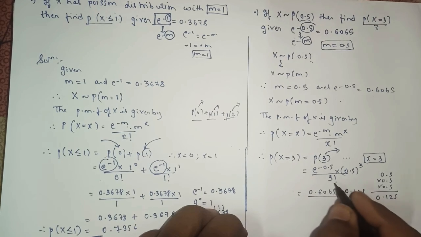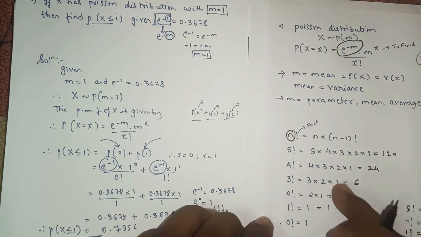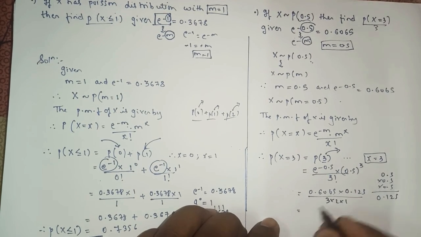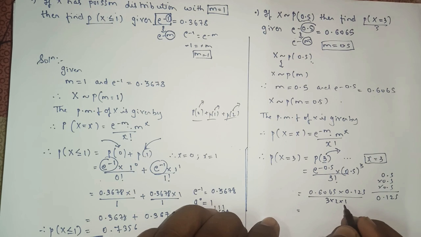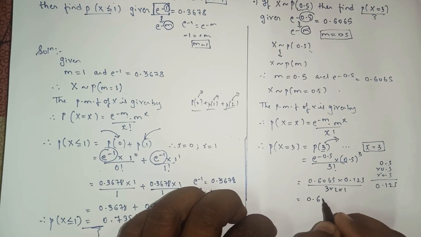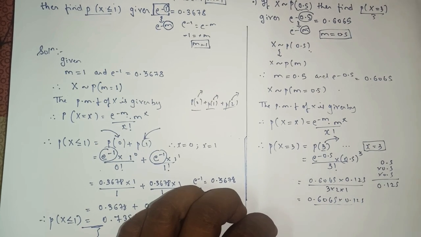And 3 factorial, we know how to write it: 3 into 2 into 1. I have explained why we have to write till 1. So 0.6065 into 0.125 upon 3 twos are 6 and 6 ones are 6, so it is 6.